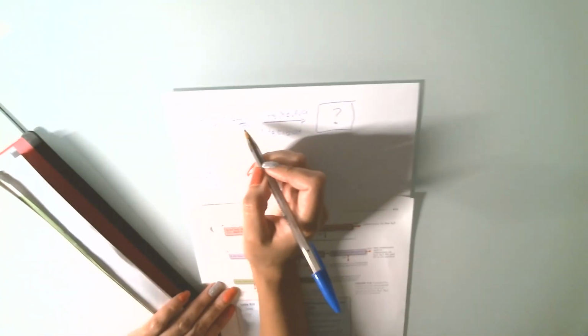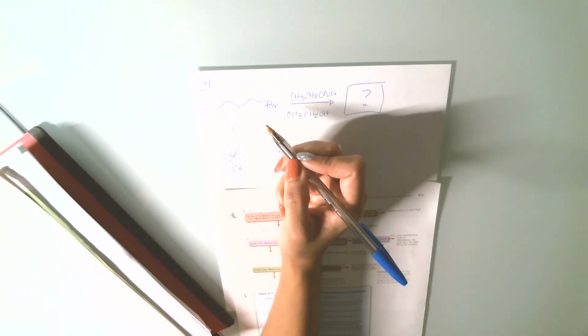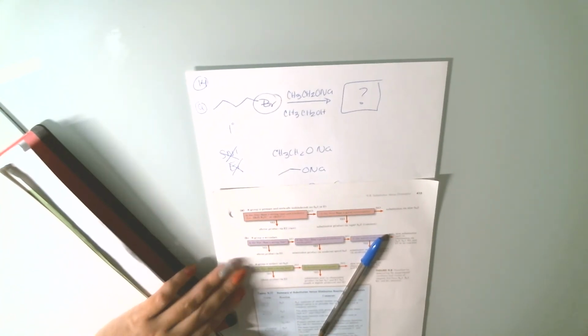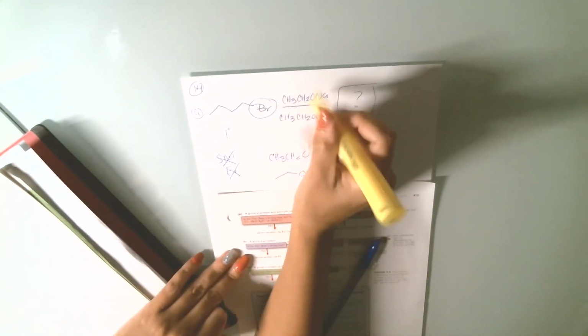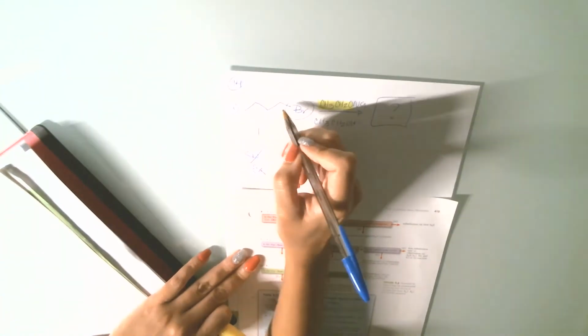For the SN2, what we will do is substitute the halogen with your nucleophile. And your nucleophile is this base right here. So count your carbons. You have how many carbons?